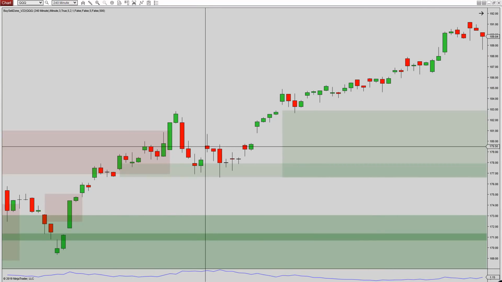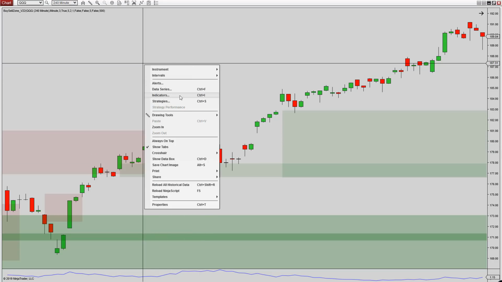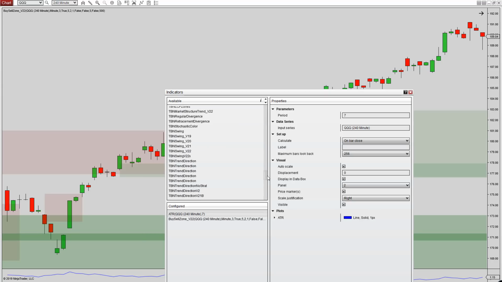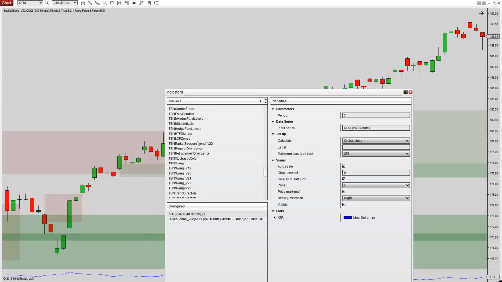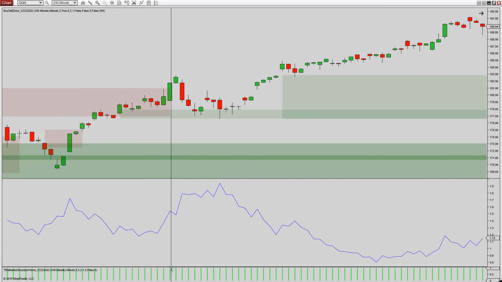Okay, here's an example. The one thing that I forgot to put on this chart is the trend. And the trend, there's no secret to this, guys. Let's see, market structure trend. All this is doing is measuring the market structure.